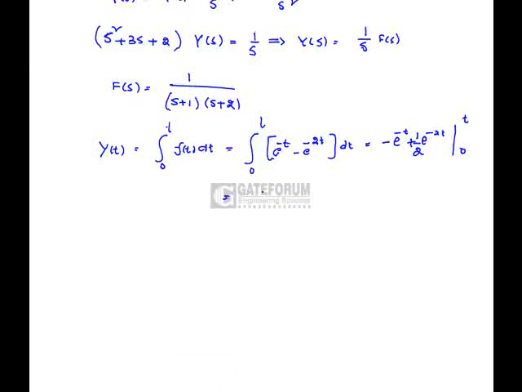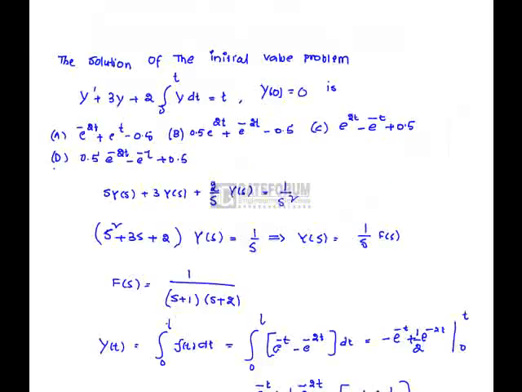So if we substitute, e power minus t plus 1 by 2 e power minus 2t minus of minus 1 plus half, so we will get this as 0.5 e power minus 2t minus e power minus t plus 0.5, which is option D is correct.